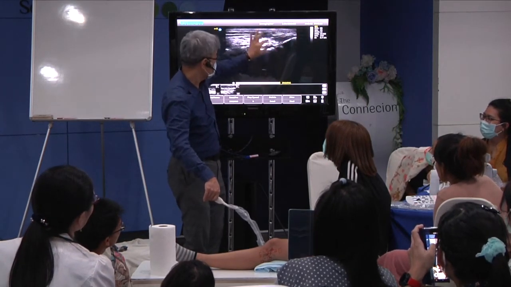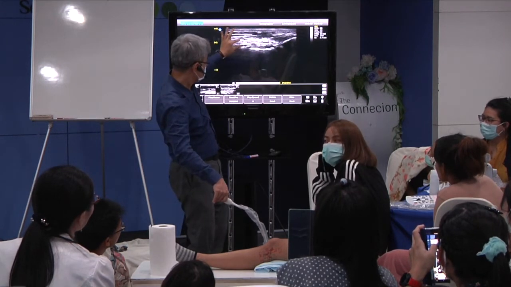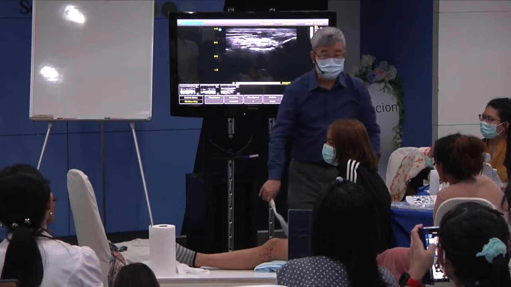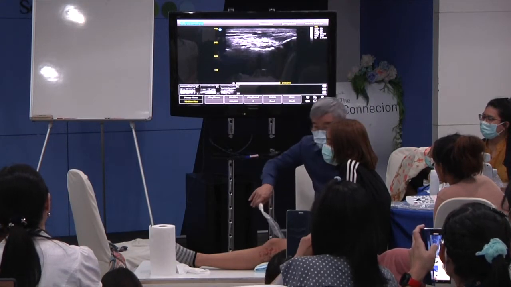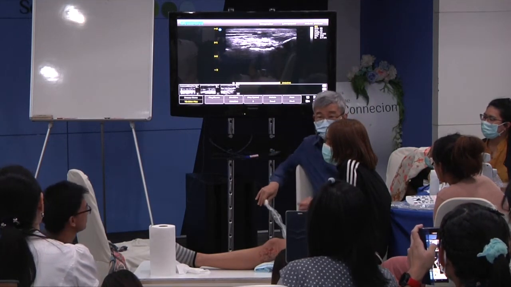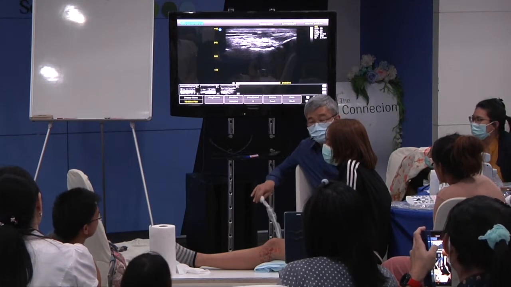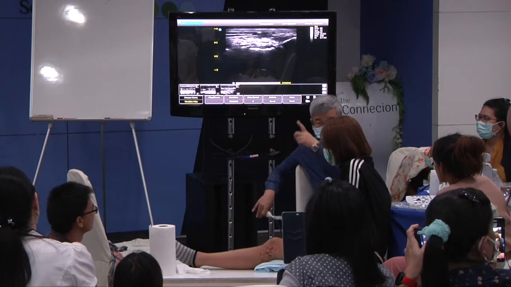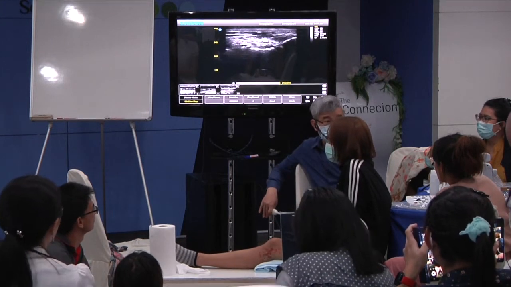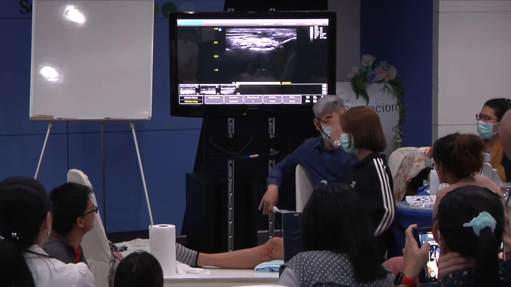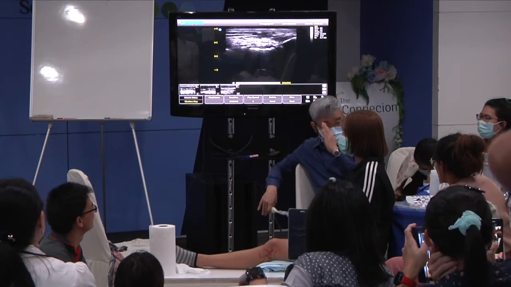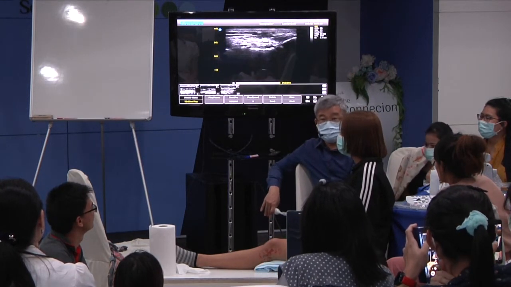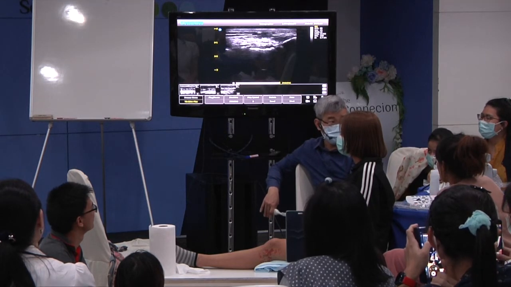So it's dark. The trunk, the body of the LCL is bright. When I was young, my teacher, who taught me sonography, at that time, the standard view of the LCL was dark. Why? Because the device and the skill were not so good.